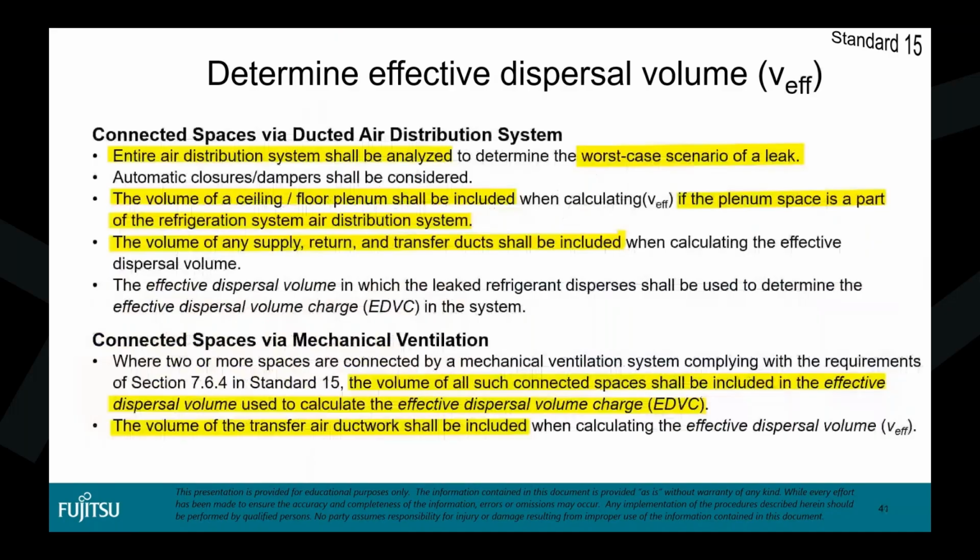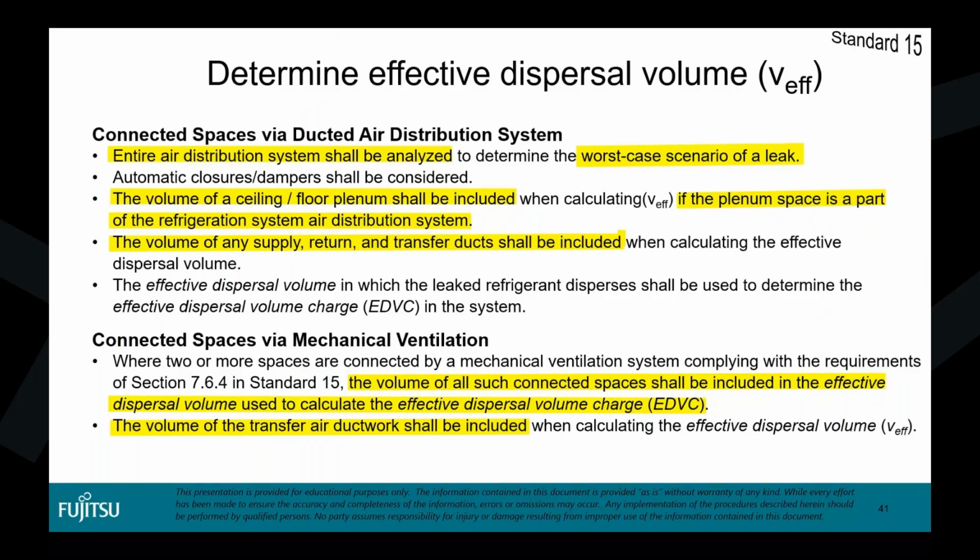The standard also talks about connected spaces with ducted air distribution system. It's kind of generic. It says that you need to analyze the whole system and look at the worst case scenario if there is a leak. It also says that you can include floor plenums and ceilings if they are a part of the air distribution system.